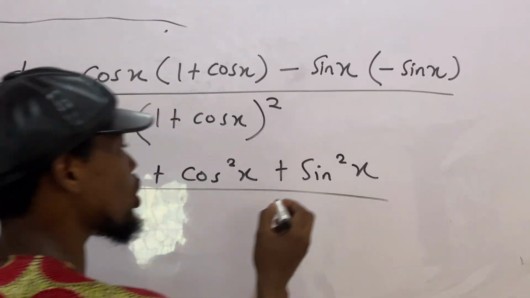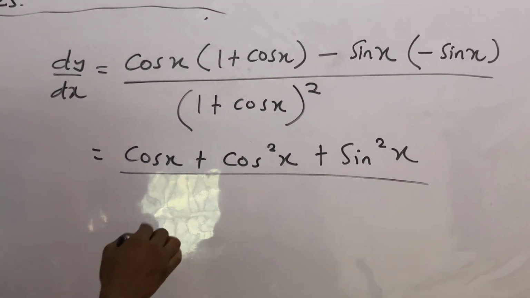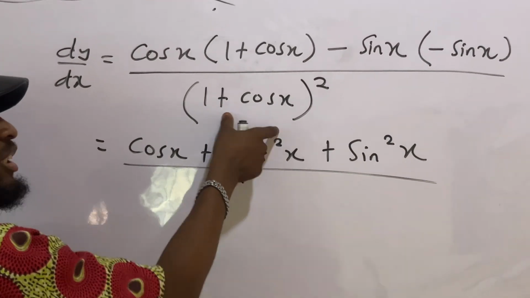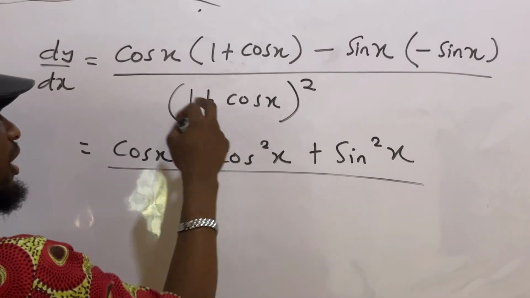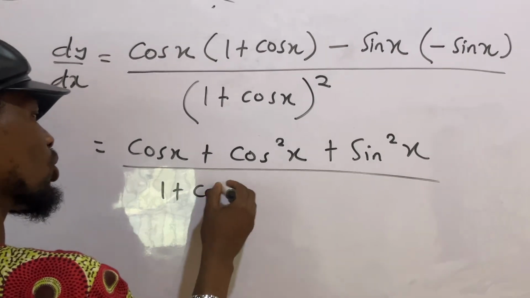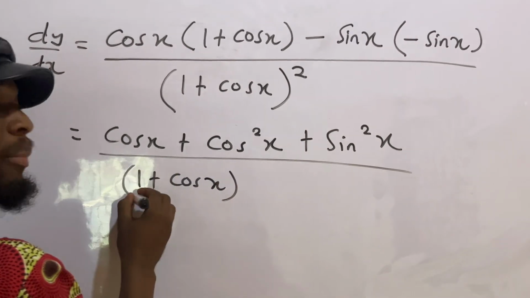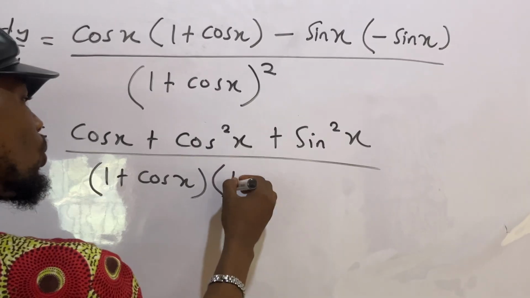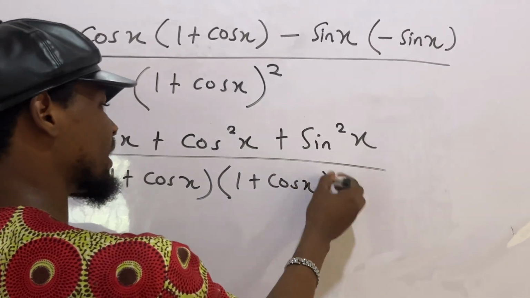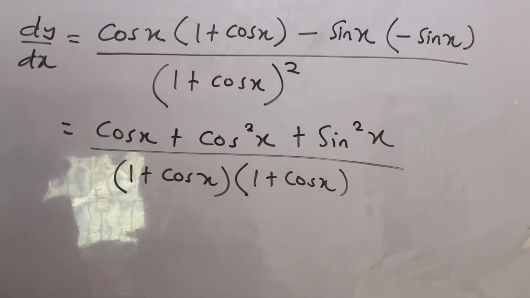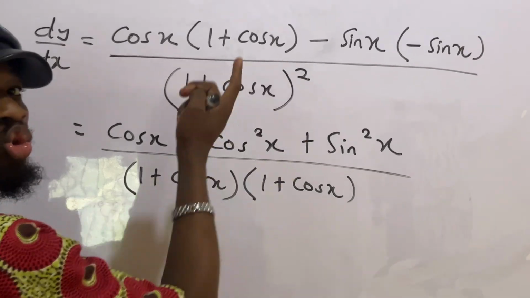Then all over, this is the same as multiplying 1 plus cos x in one bracket by 1 plus cos x in another bracket. Since they are the same, you pick one, then you square it.